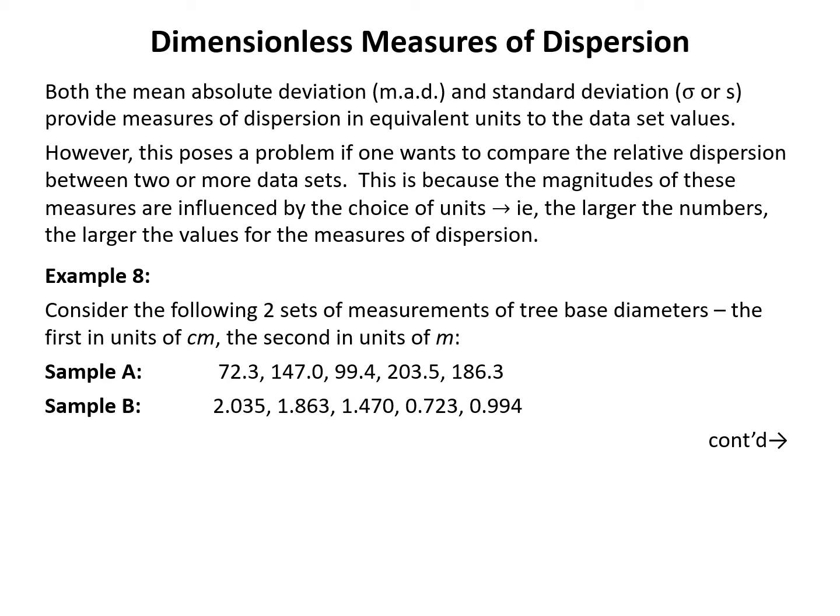However, this does pose a problem if we want to compare the relative dispersion between two or more data sets, particularly ones that use different units of measurement. This is because the magnitudes of these measures are influenced by the choice of units. In other words, the larger the numbers, the larger the values for the measures of dispersion.